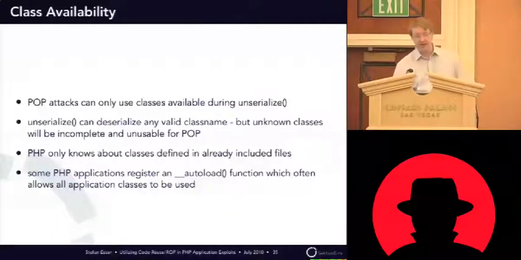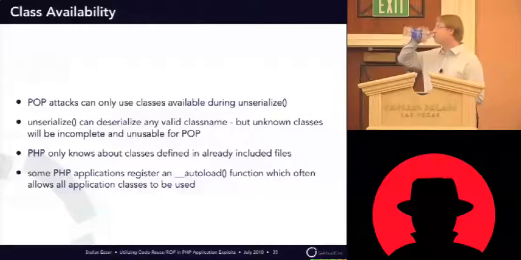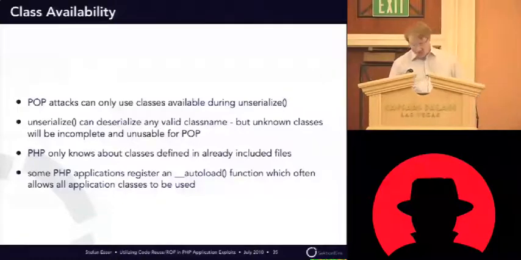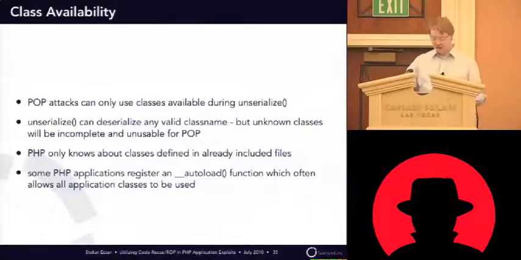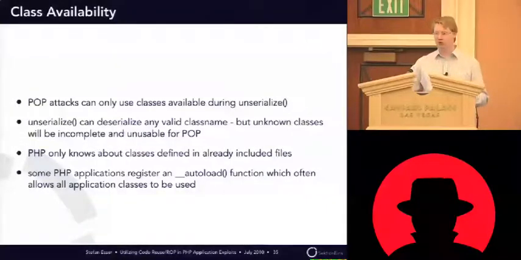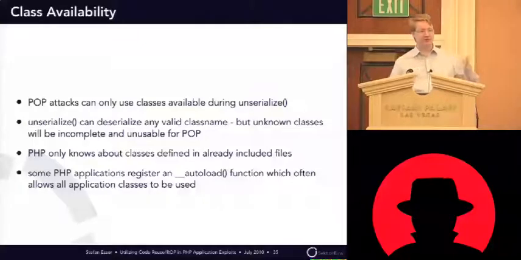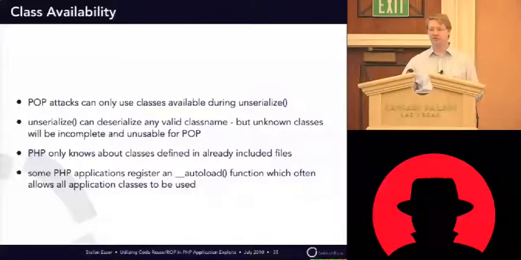So, first of all, class availability. When an application unserializes something and it creates objects, then you can only create the objects that PHP knows about at this moment. So if you unserialize an object called XABCD, then PHP will check if this class is available, and if it's not available, it will create a so-called incomplete class, which is nothing more than a dummy object with properties.